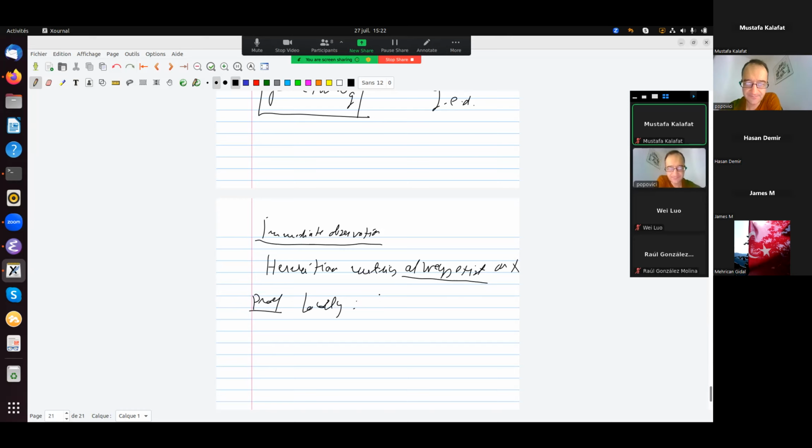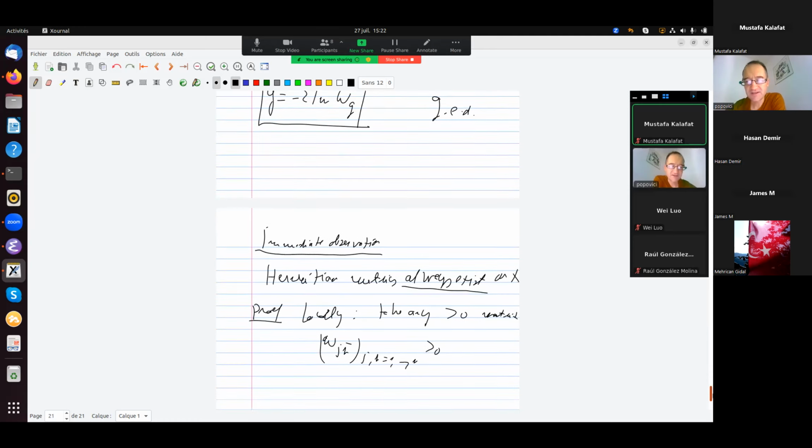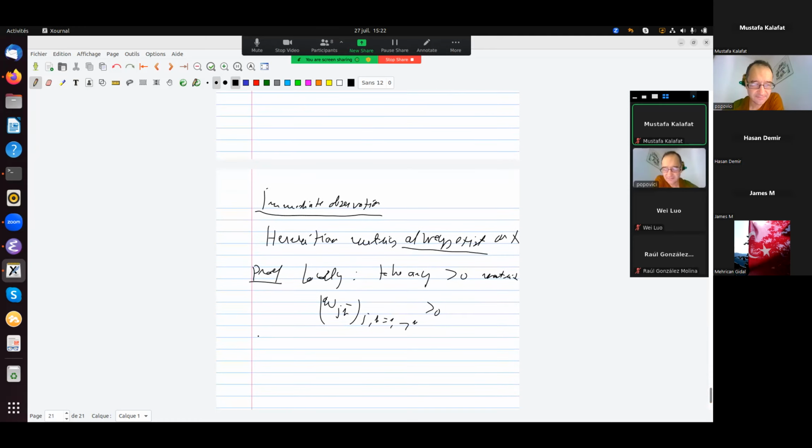Take any positive definite matrix omega j k bar, over j and k from 1 to n, as coefficient matrix, and then put omega to be the sum over j and k from 1 to n of omega jk bar i dzj wedge dz bar k. So locally, they obviously exist.